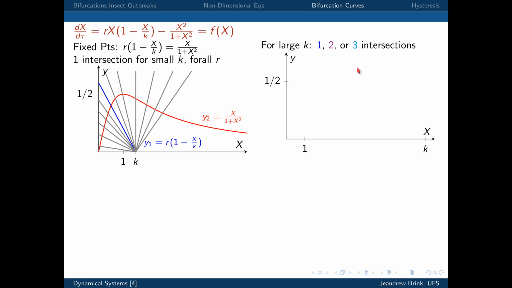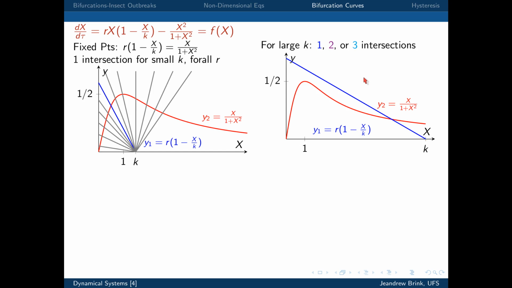So once again, we're going to plot y as a function of x. We're going to plot the graph y2, which is x over 1 plus x squared, that doesn't change. And then we're going to pick k large over here, and we can see what happens as we decrease r.